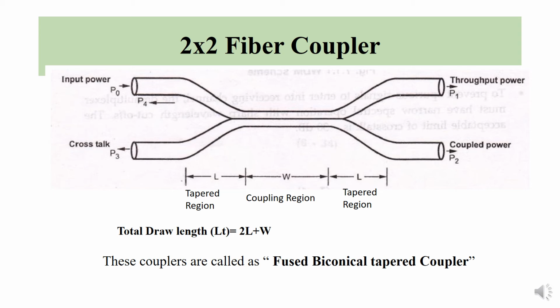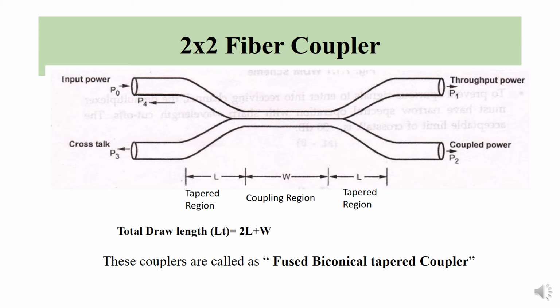Initially, input power is passed through port 0, and it will have two types of outputs. The first one is the throughput output, also called the primary output, which is coming from port 1, and the energy is coupled from fiber 1 to fiber 2. It is obtained at port 2. We call it the coupled power. We also have port 3. Ideally the output at port 3 should be 0, but due to some reflections we get some form of crosstalk.